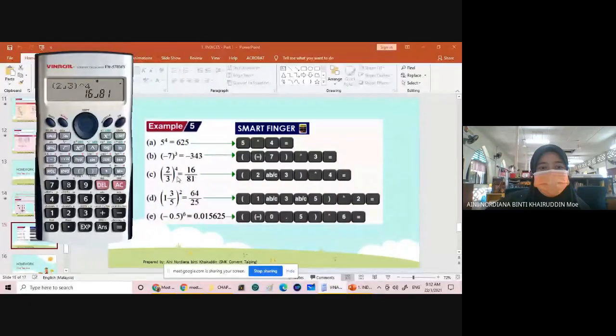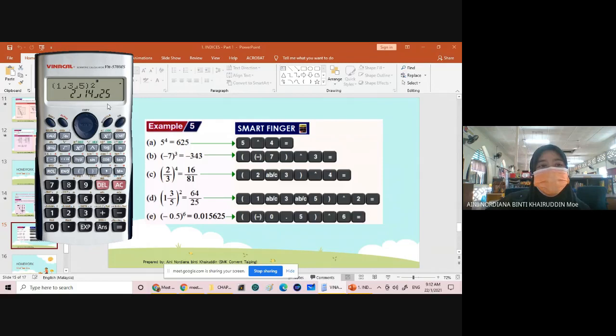How about this number? Same, bracket 1, this button, 3 over 5, close bracket to the power of 2. Okay, we can use this button for square. Equal. This answer is given in improper fraction.